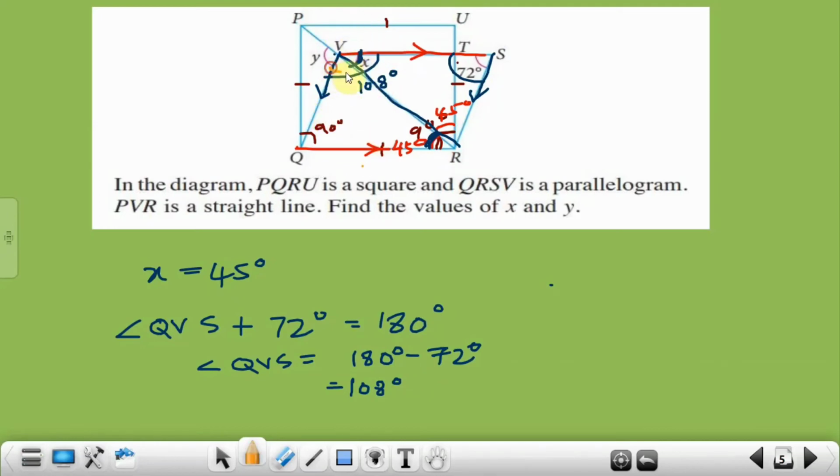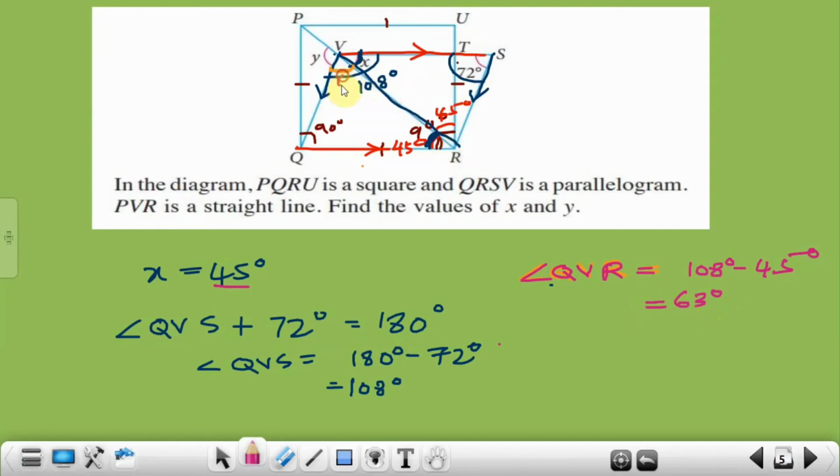We want to know this angle. So 108 minus x. The angle of QVR is equal to 108 minus x, where x is 45, and it is equal to 63.